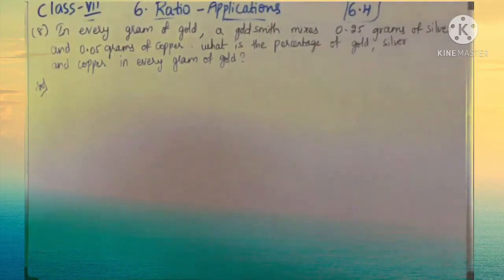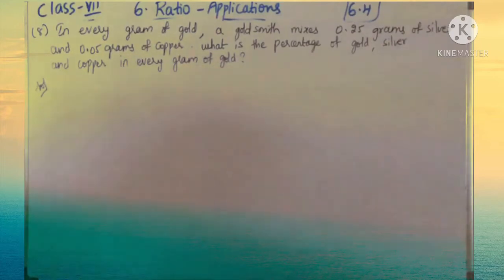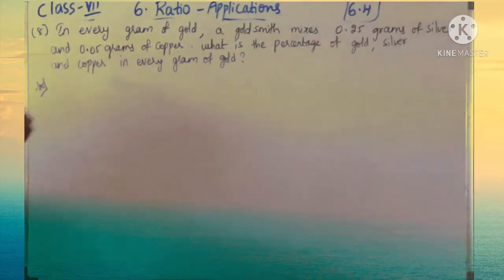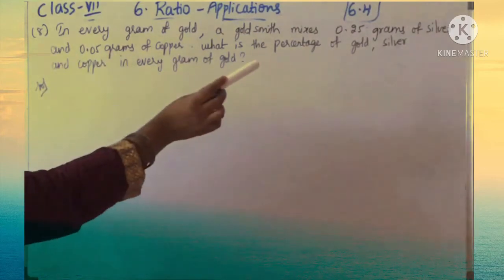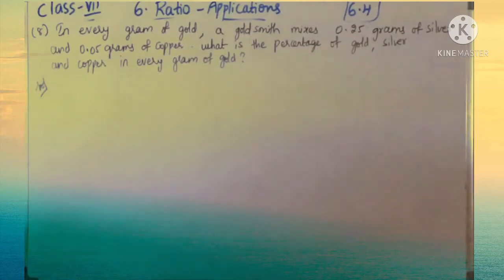Now coming to the 8th question, children. In every gram of gold, a goldsmith mixes 0.25 grams of silver and 0.05 grams of copper. What is the percentage of gold, silver and copper in every gram of gold?